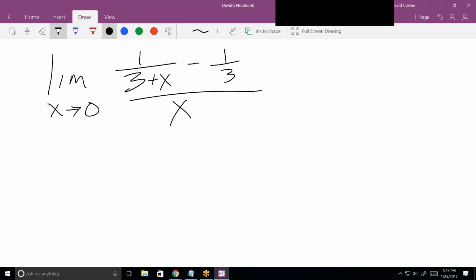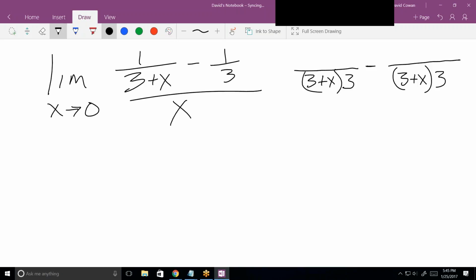So what's the common denominator going to be? 3 plus x times 3. Yeah, that's going to be the common denominator. This is the way I do these when I'm adding fractions, I write it like this.